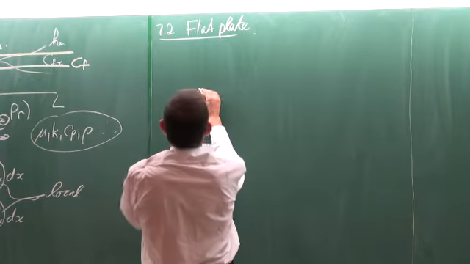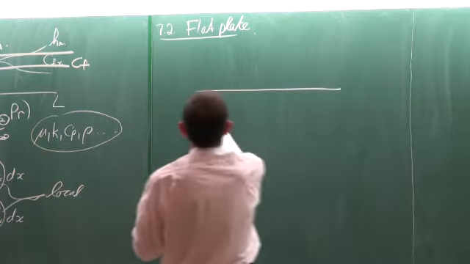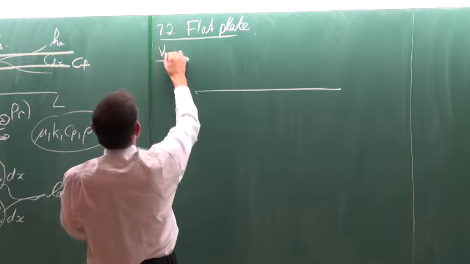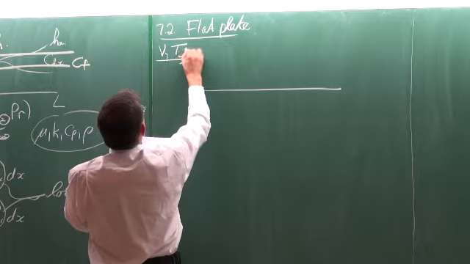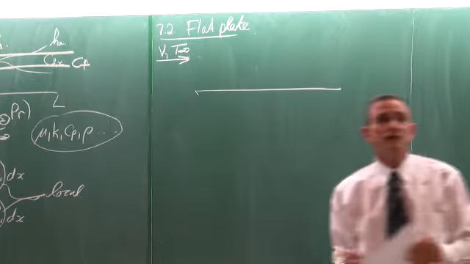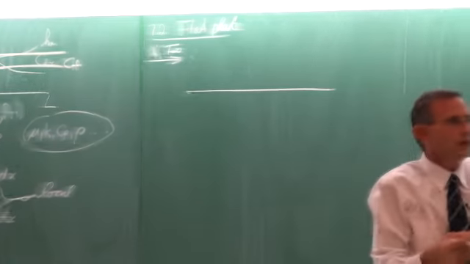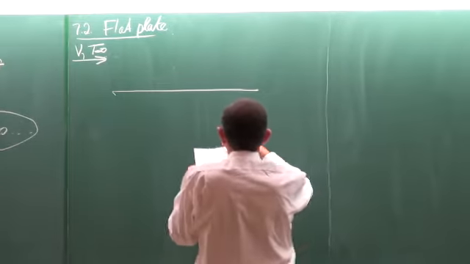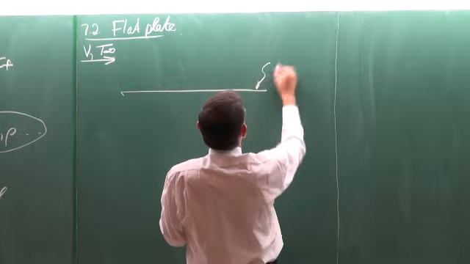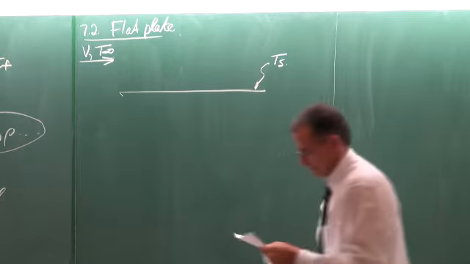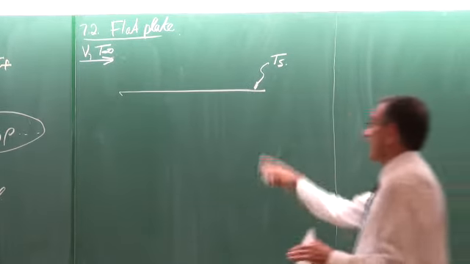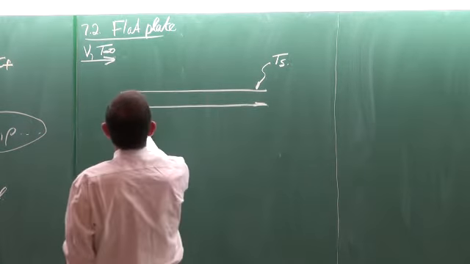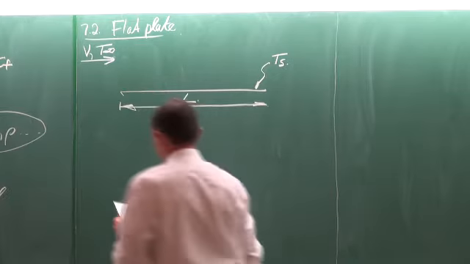Again, in terms of the notation for a flat plate, we have the velocity and the temperature of the free stream flow, which can be a fluid or a gas. And this plate is at a constant temperature Ts and has a length of L.